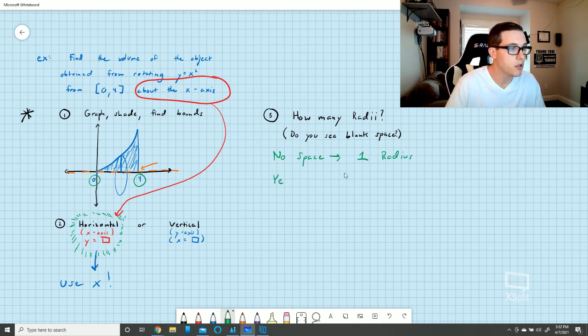If there is space, which will be on the next problem, we're going to have two radii, and we'll see how that works in a minute. So in this problem, there is no space. So if there's no space, we only have to worry about one radius. So then step 4, find the radius or radii.